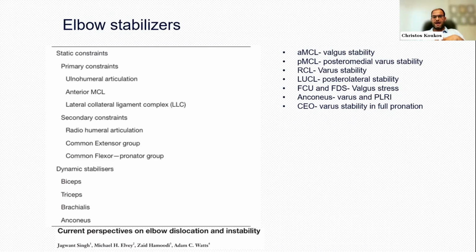On the other side, we have the secondary constraints: the radiohumeral articulation, the common extensor origin, and the common flexor origin. What I would like to say about the dynamic stabilizers is that the anconeus plays an important role in posterolateral rotatory instability, and it is a varus stabilizer at the same time.